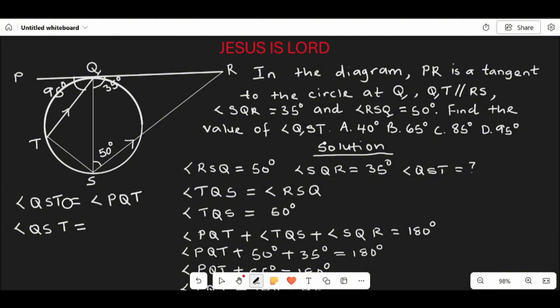So let us substitute 95 degrees into this equation. 95 degrees. So the correct answer is option D, which is 95 degrees.